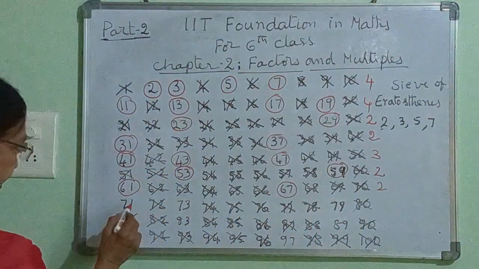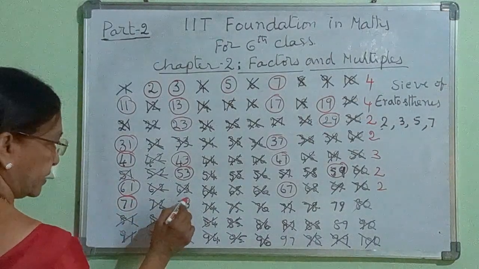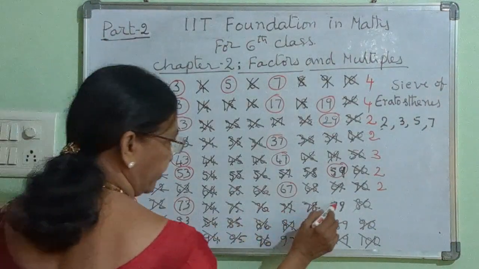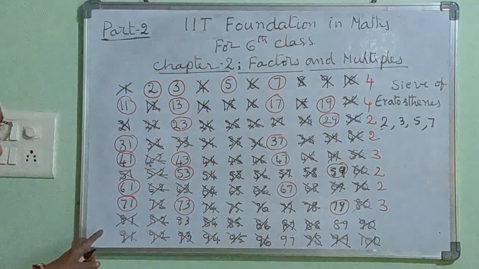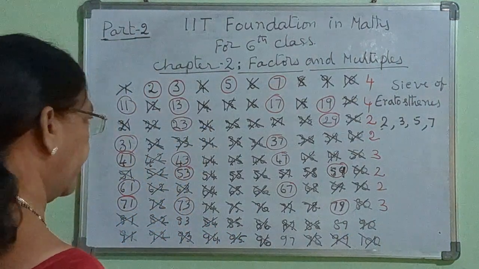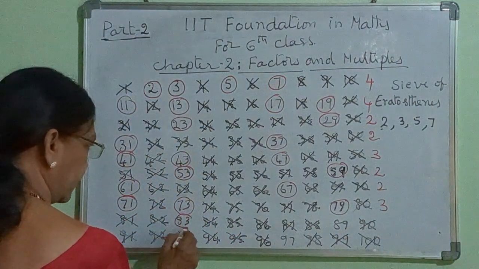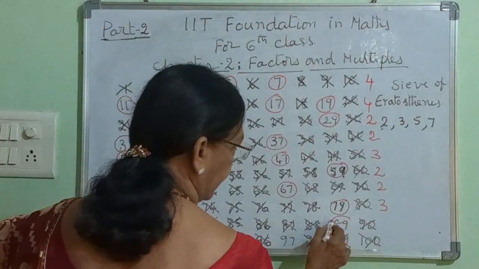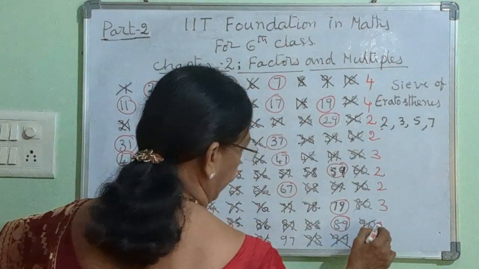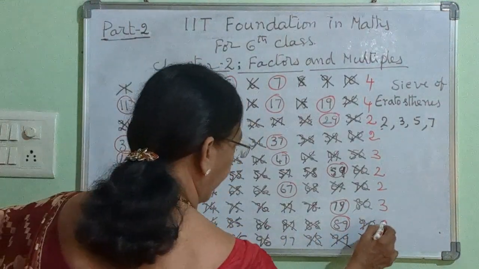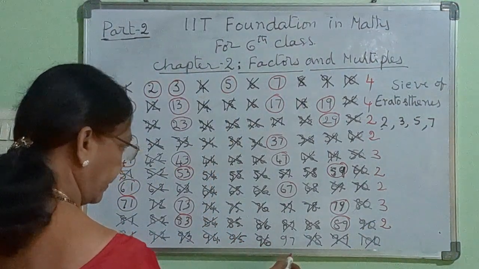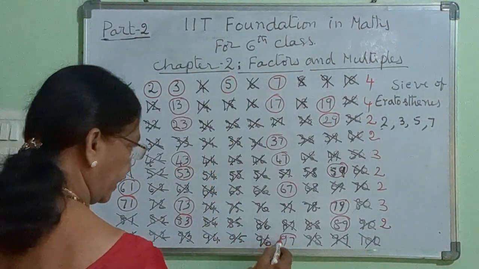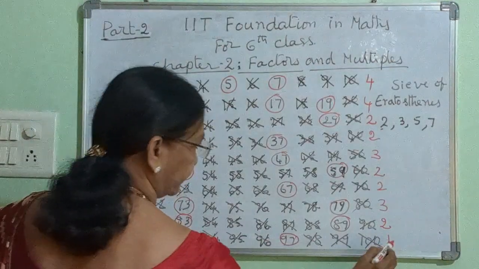Next 70 and 80, 71, 73, 79. There are 3 prime numbers. And between 80 and 90, there are 83 and 89. 2 prime numbers. And between 90 and 100 there is only one prime number.